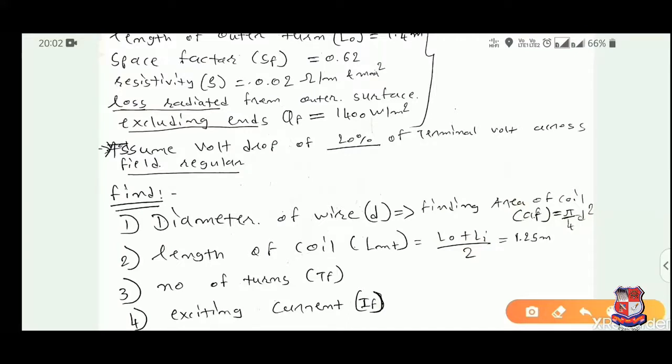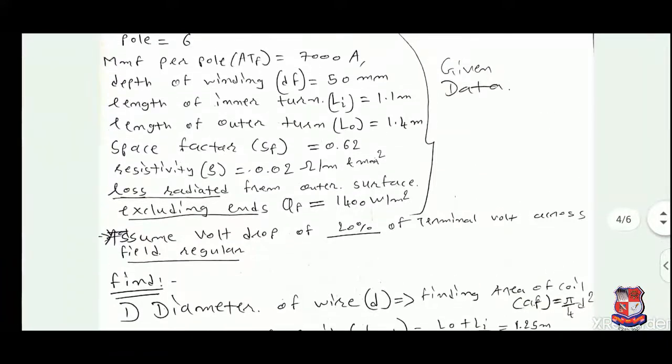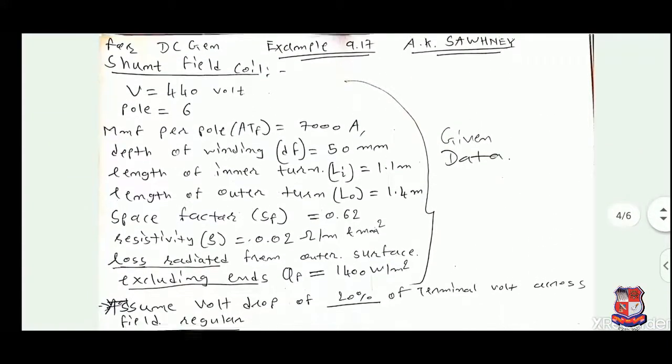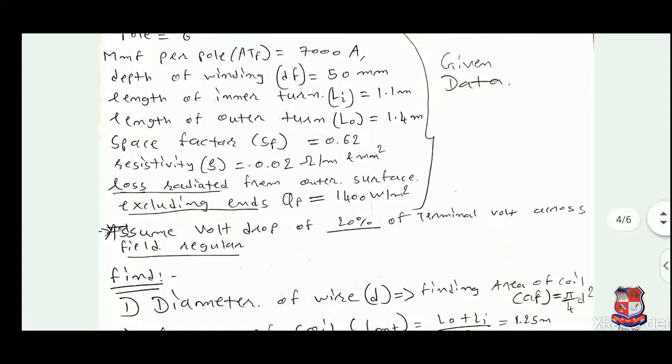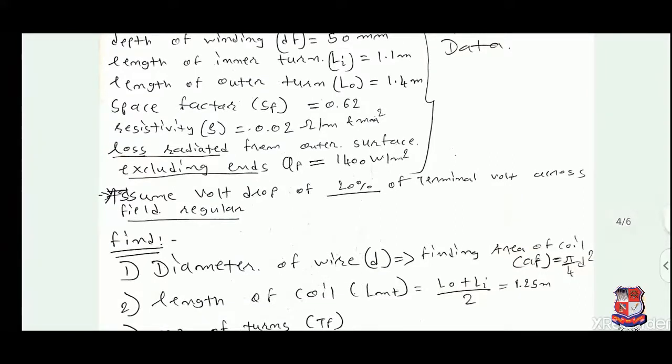First, the diameter of wire. We don't have the diameter given, so from the area we can find the diameter. What will be the area of the coil? It is nothing but the circular area, so the equation is pi by 4 d square.